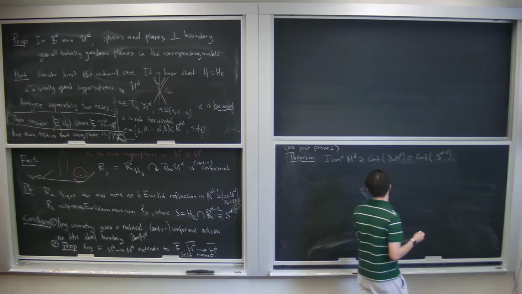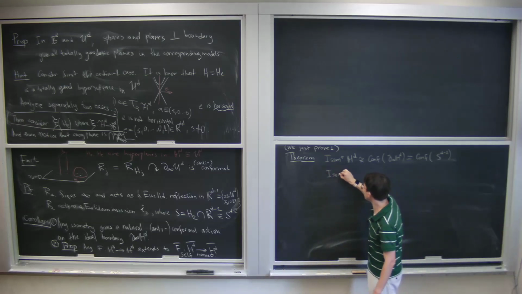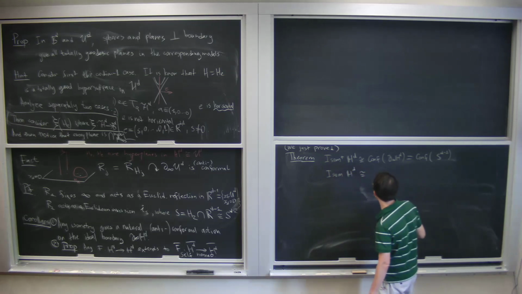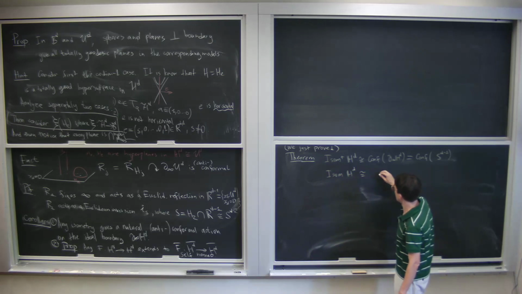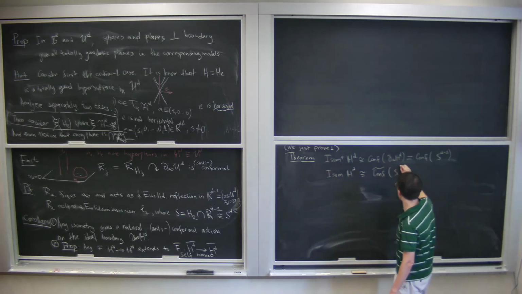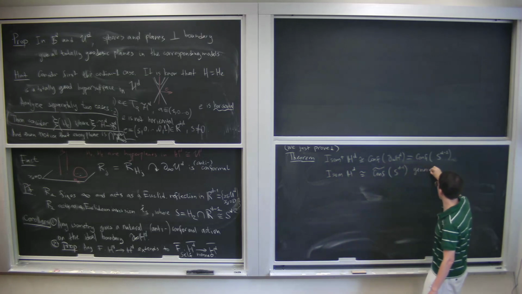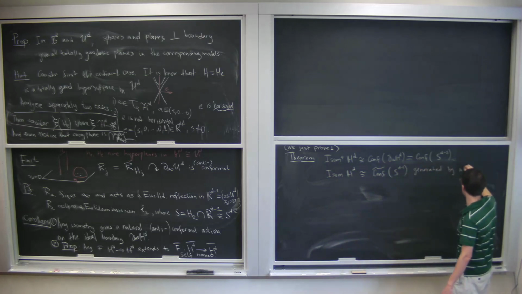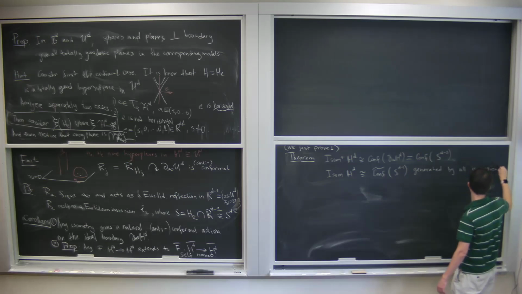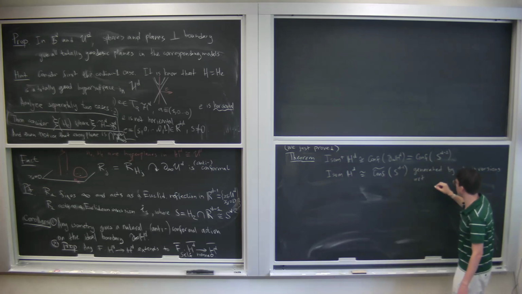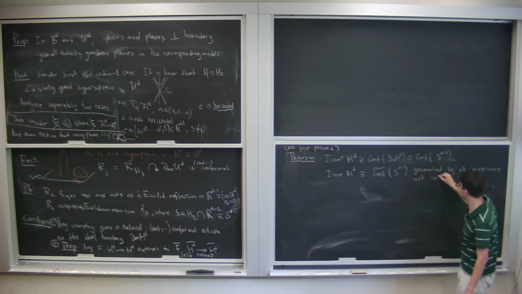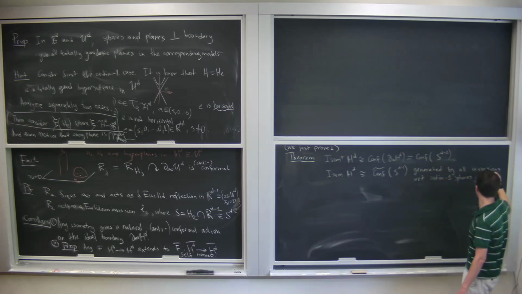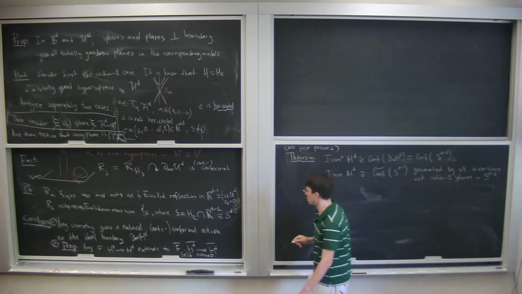Maybe it's not very good, but the full isometry group of H^d is isomorphic to Conf tilde of S^(d-1), generated by all inversions with respect to codimension 1 spheres in S^(d-1). Okay, so this is basically our theorem.